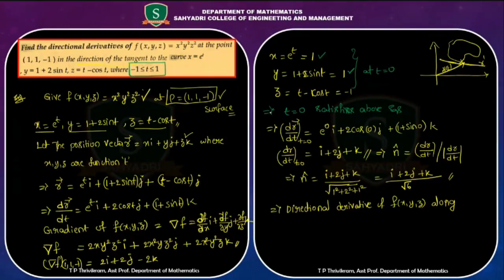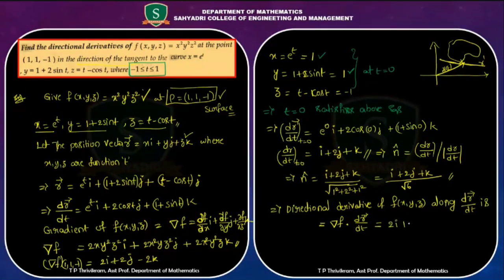If you are finding a derivative, that is nothing but a tangent to a curve. So here I am writing directly dr/dt is equal to del f dot dr/dt. So just find the dot product between these two.